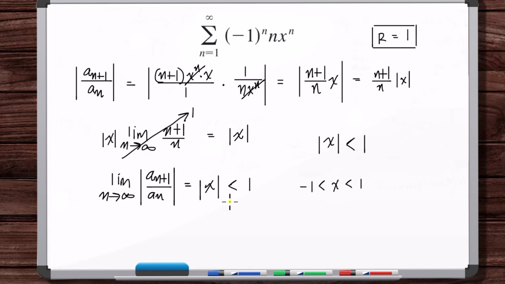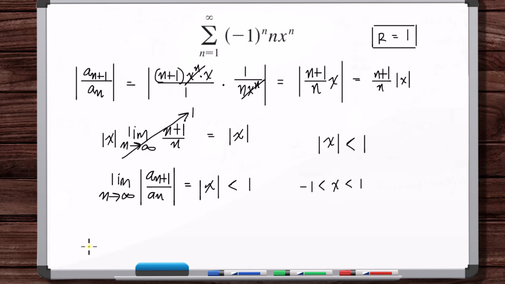Because the ratio test is inconclusive at the endpoints. If we try to do the ratio test, we would get this limit equal to 1, which is inconclusive for either endpoint. So we need to use any of the methods that we learned in the convergence testing sections to find out if this is convergent at the endpoint.